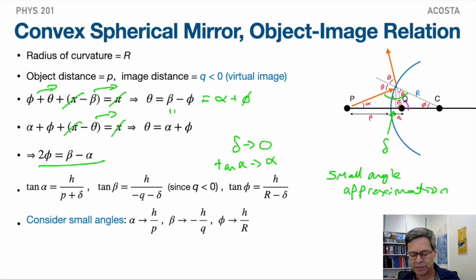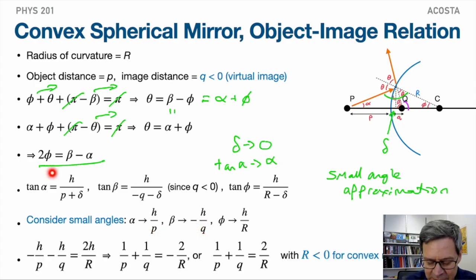All right, now we have these relationships for the angles in terms of those distances. So we have our object and image distance p and q. So let's take our relationship here that we had above, twice phi is beta minus alpha. Again, I'll reverse the order, so we'll have beta minus alpha. So what was beta? Beta is minus h over q.